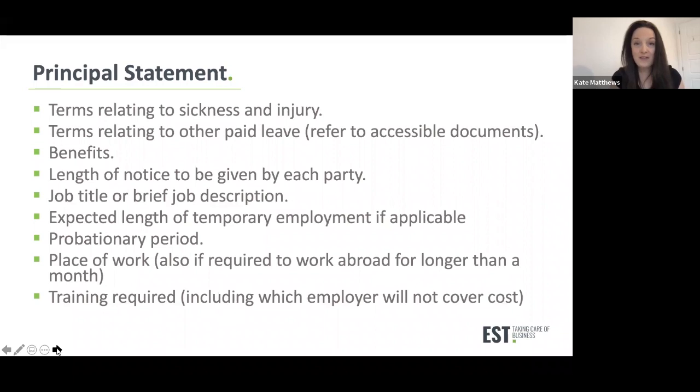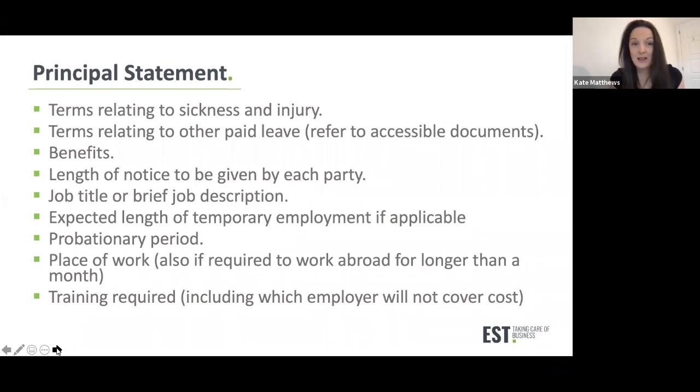And then thereafter, once they've hit the 2-year mark, every single year it is increased by 1 week up to a maximum of 12 weeks after 12 years service. And that's where it stops. And you can't offer less than that. So you can't contract out of statutory rights. But it is possible to have a contractual notice period that is in excess of that.